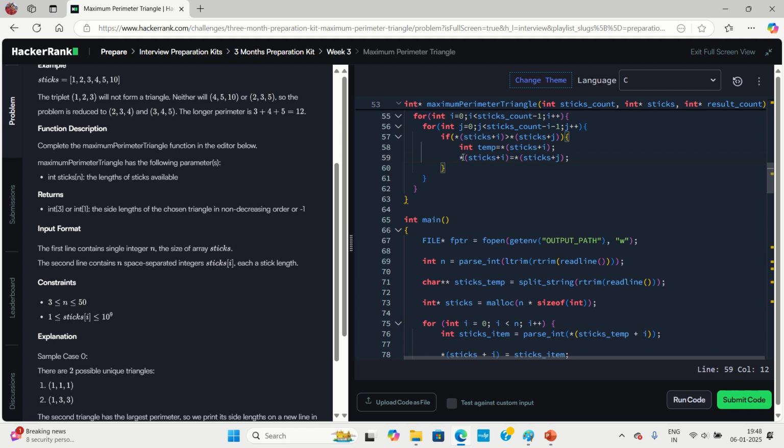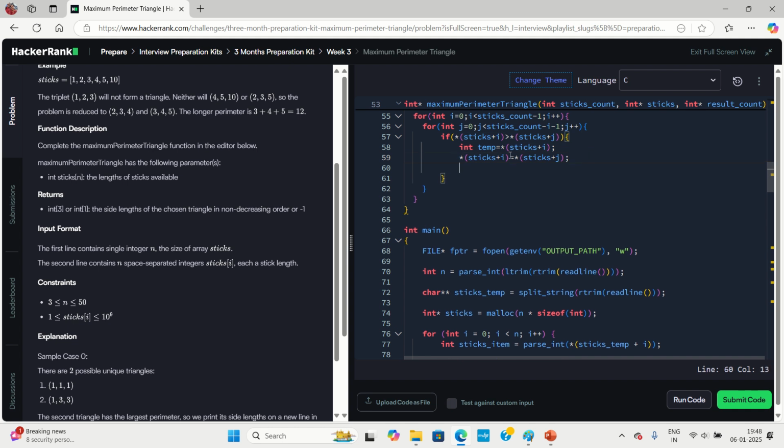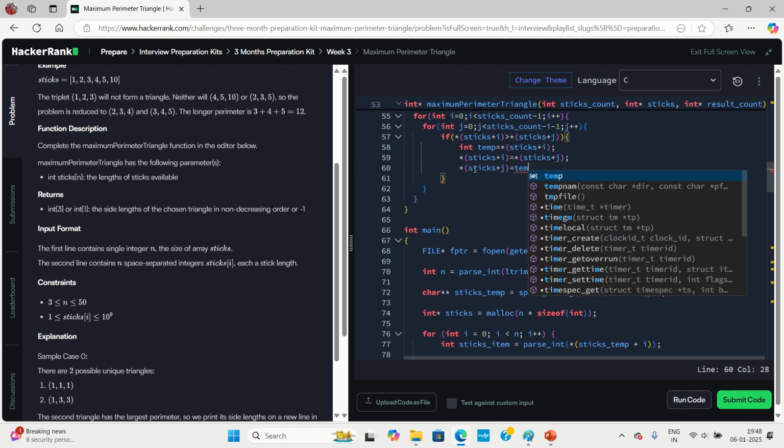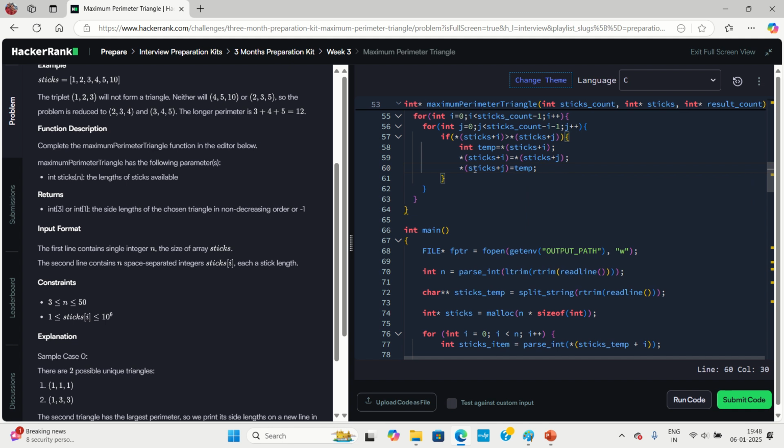Sticks is providing me the base address of the sticks array, and then I'm using I as the increment to go to my specific address wherever the value is. So that is actually the ith index. Then sticks plus j is equal to temp. That's all about the sorting of the array.